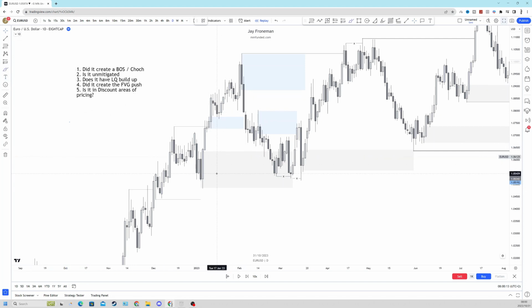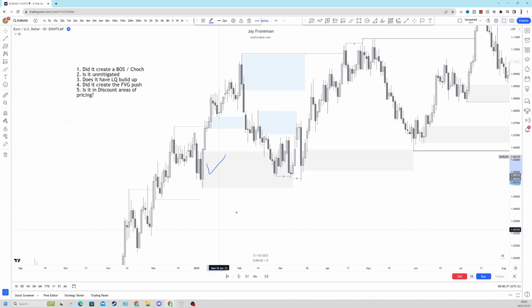Did it create a break of structure? Well, this is the demand zone that created that daily break of structure to the upside. So we had that previous break, that pullback into previous institutional level and demand. We then mitigated that, swept liquidity to then create that new break of structure to the upside. So yes, this demand zone did indeed create a break of structure. Is it unmitigated?